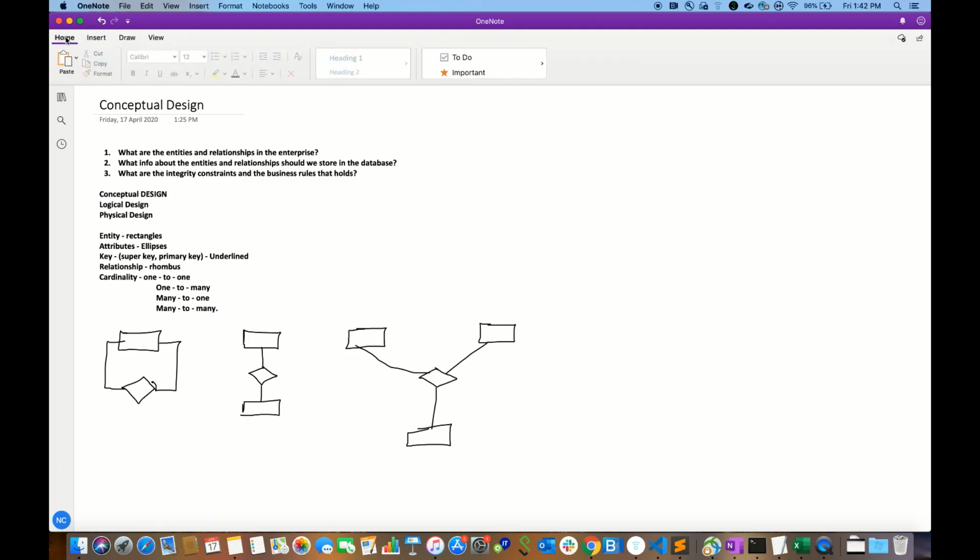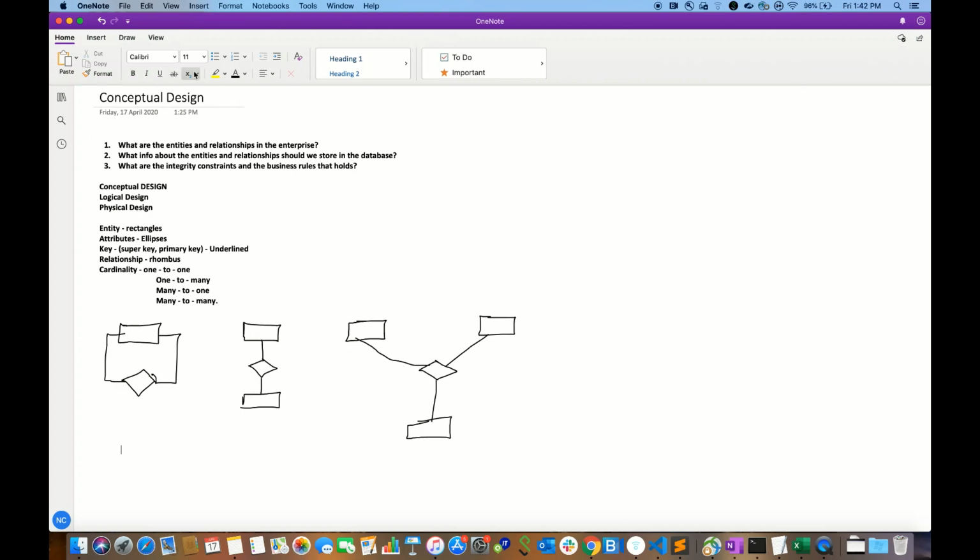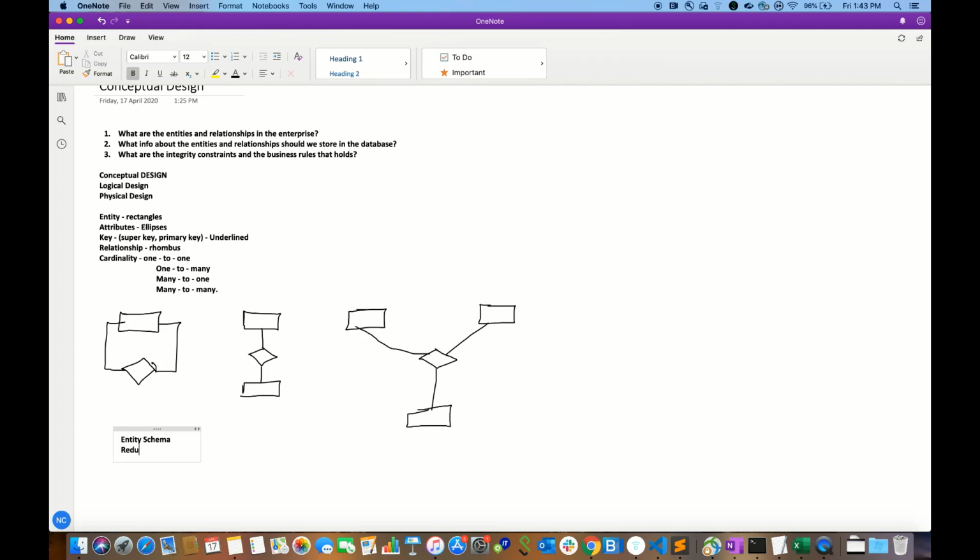Now let's discuss the entity schema. An entity schema is the definition of the structure of an entity, and in this there is a concept of redundancy.